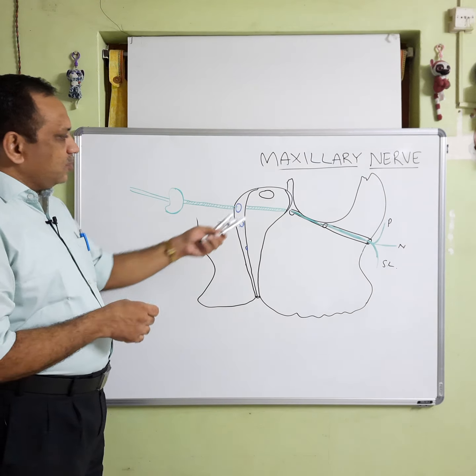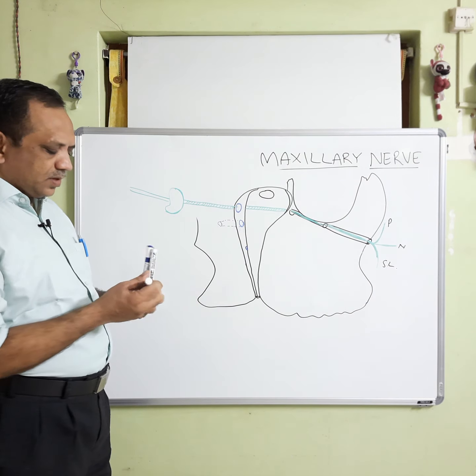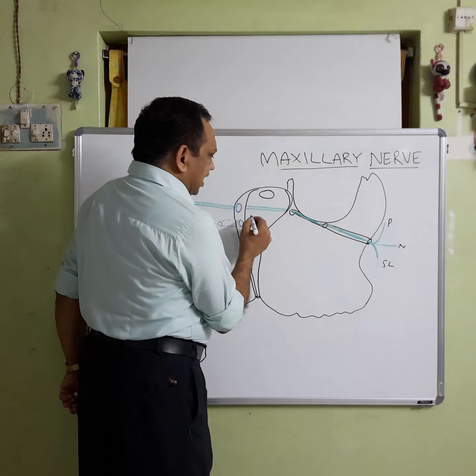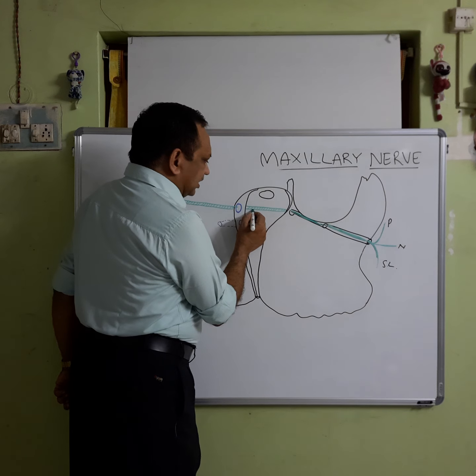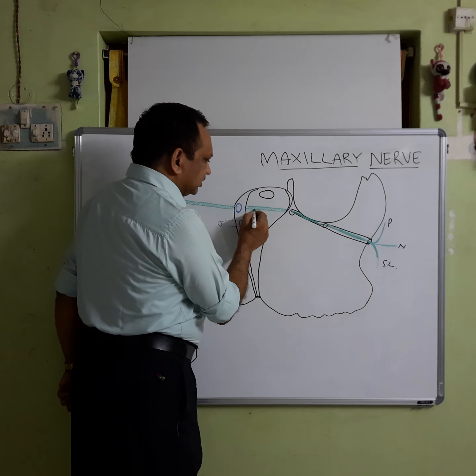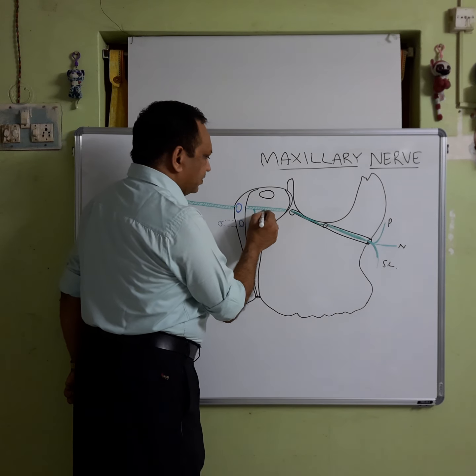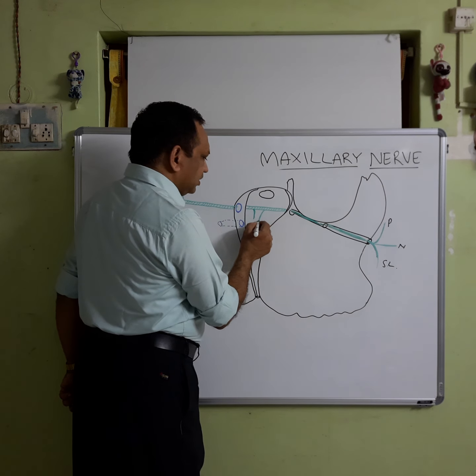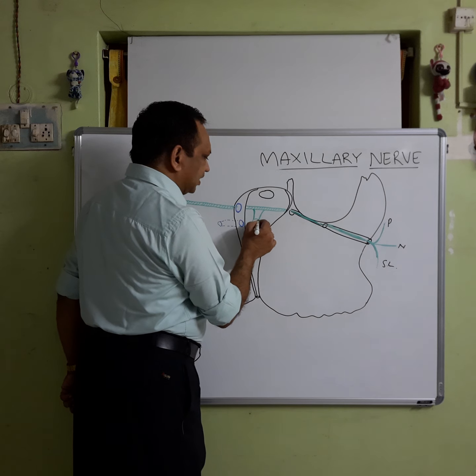Within the pterygopalatine fossa, it gives all its branches, and the main important one is the ganglionic branches, by which the largest of the peripheral parasympathetic ganglia hangs here.